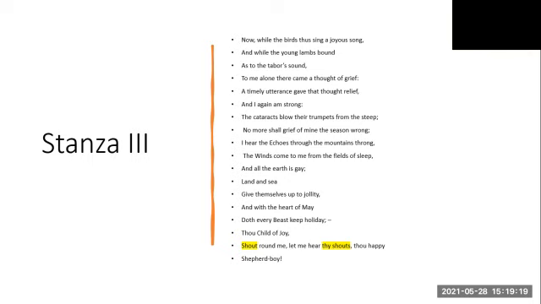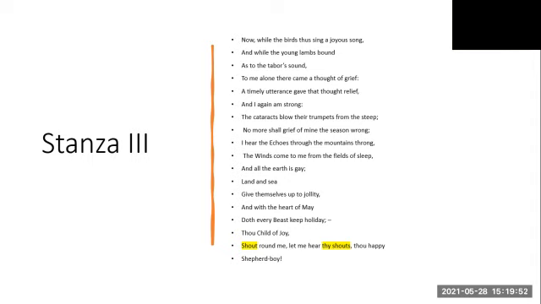But then a timely utterance made him strong again. The cataracts are blowing the trumpets from the steep, that is the sound of the waterfalls. I hear the echoes. And at the end, the line before the last, thou child of joy, shout round me.